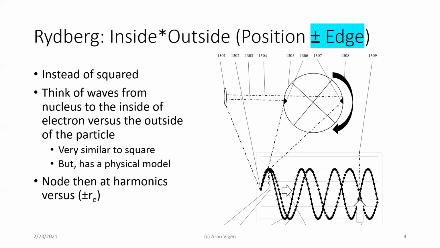9 digits. So I can understand how Rydberg didn't notice it and clearly didn't have equipment that could get precision to that level. However, if you use this 3D harmonics of inside versus outside and replace the squares with inside versus outside, you will get all of the things that we need to understand photons as 3D engineering.